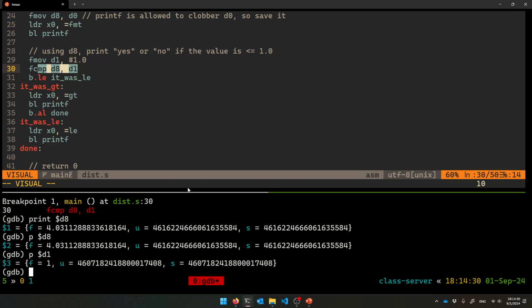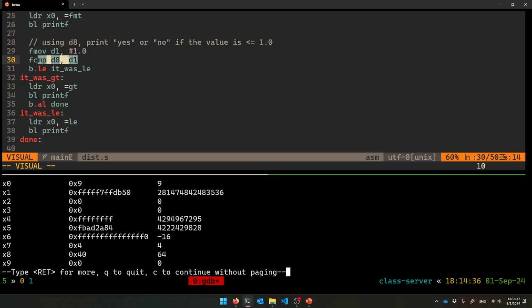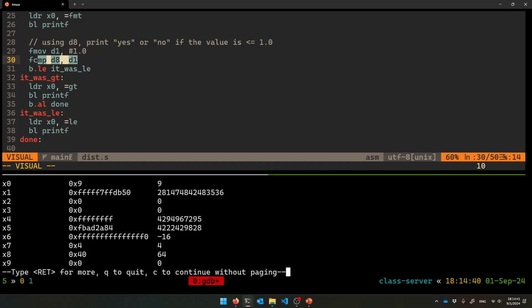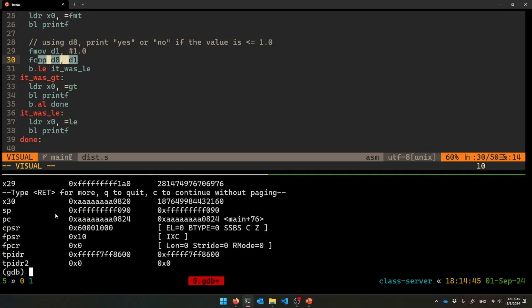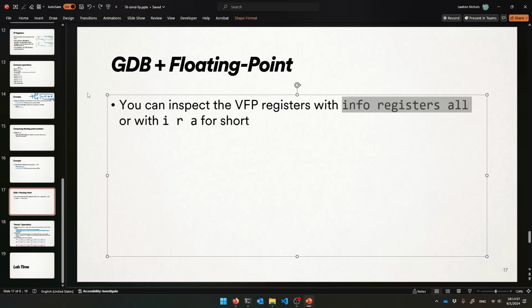But if you wanted to see all the floating point registers at once, you know that there's an info registers, or i r for short. And then it'll show you these values of the X registers and some other things, even PC, which is nice. If you want to see all the registers, including the floating point ones, you do info registers all, or i r a.